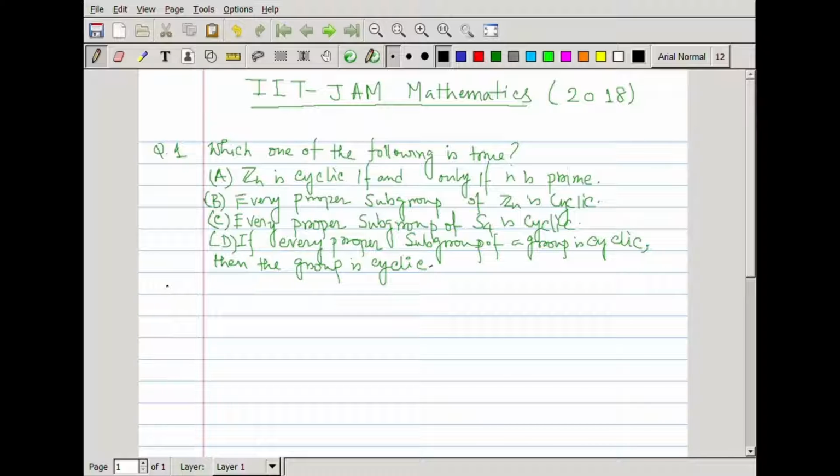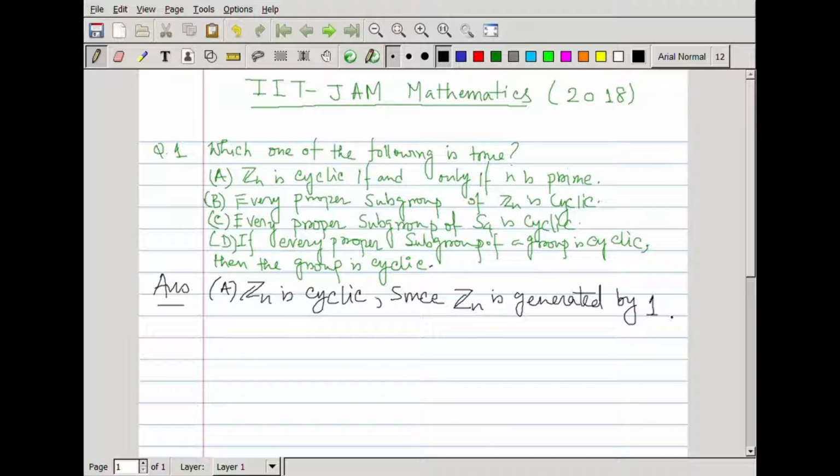Okay, so how do we solve this question? We first start with option A. We know that Zn is cyclic since Zn is generated by 1 mod n.